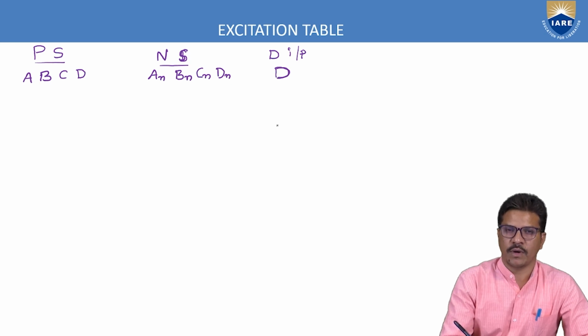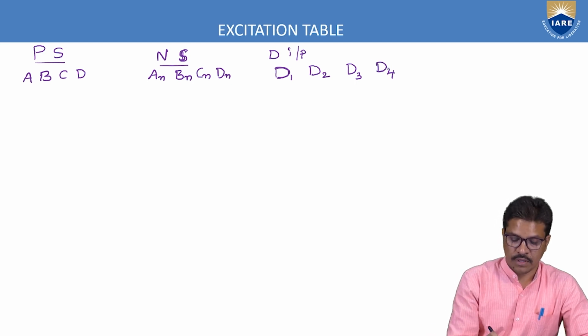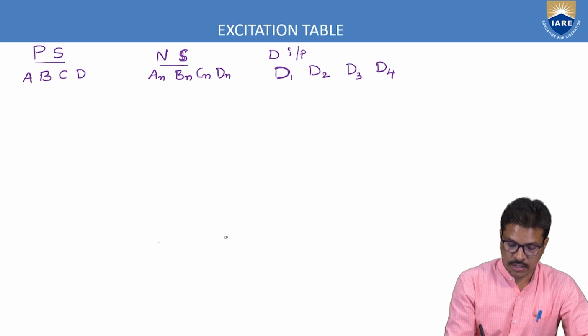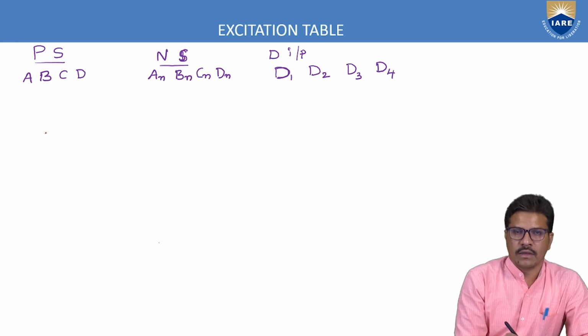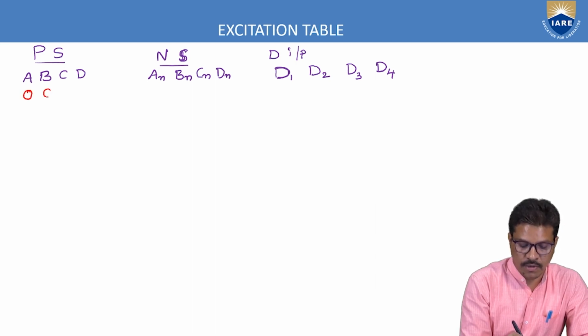So identify the flip flops as D1, D2, D3, D4. These 4 flip flops we can take as D1, D2. As we have created the state table, according to the state table, initially it is in 0.